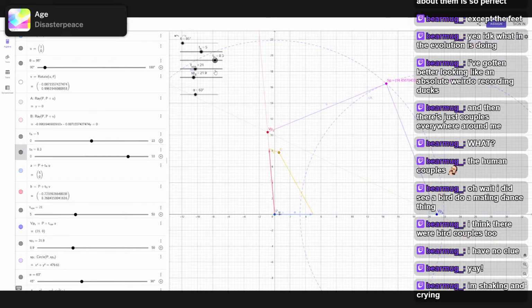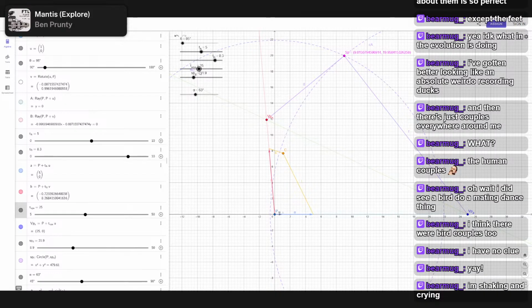Because this doesn't feel square. VPA would need to get much closer.